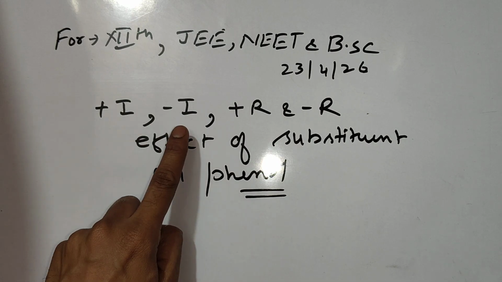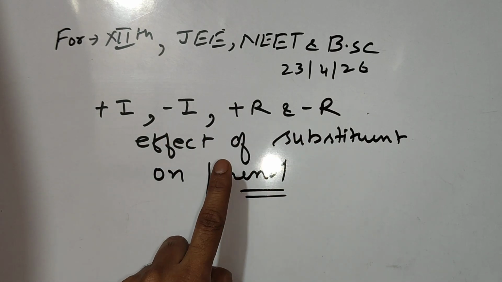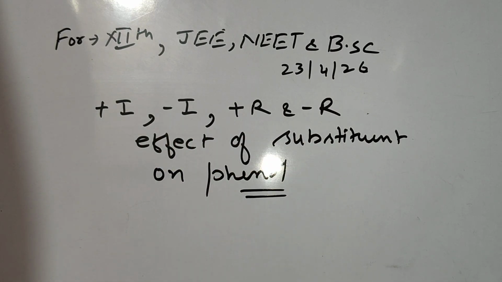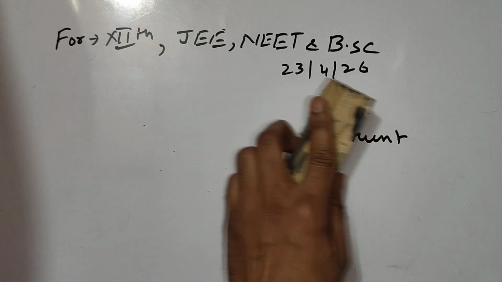Plus I effect, minus I effect, plus R effect, minus R effect of substituent on phenol. Let's check what they are. In this video, first I will cover plus I and minus I.